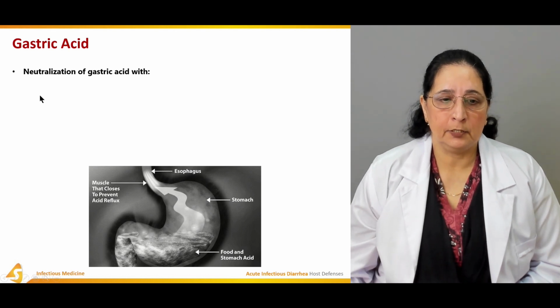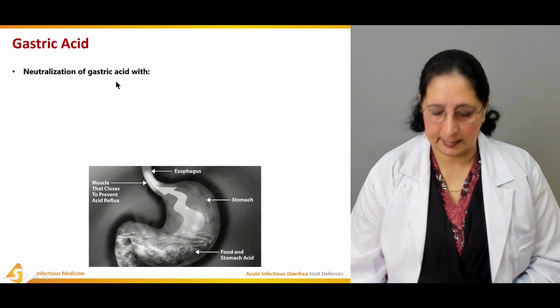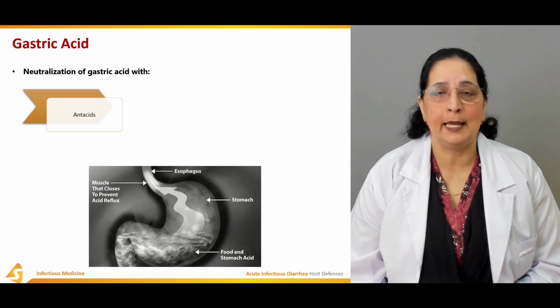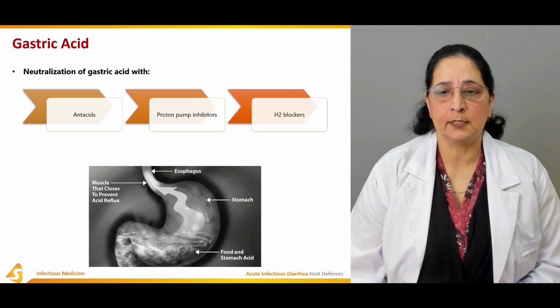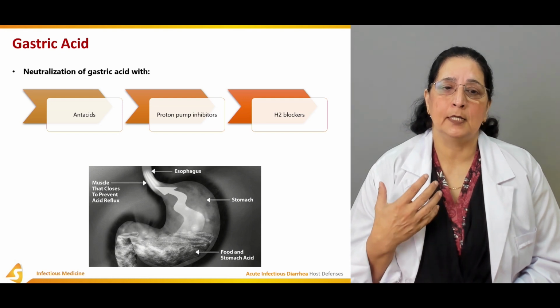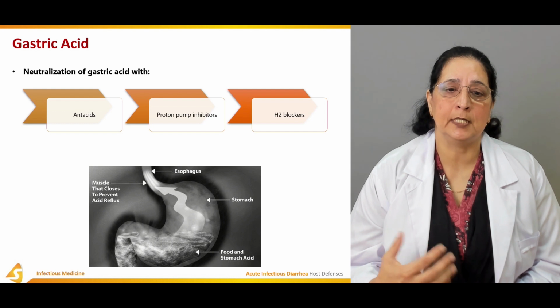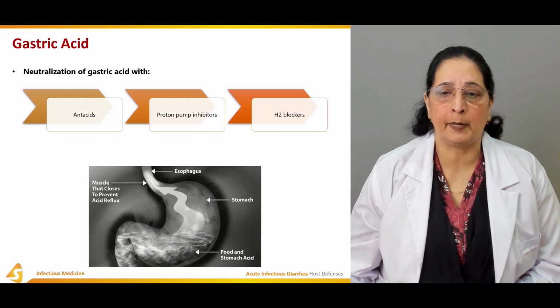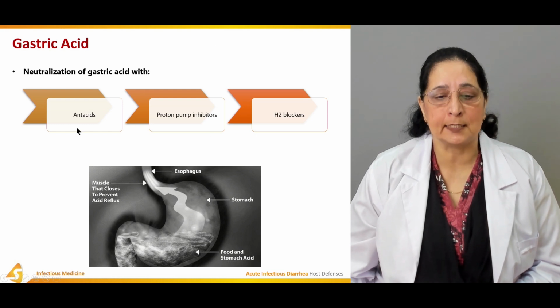Gastric acid neutralization occurs with antacids, proton pump inhibitors, and H2 blockers. So if there is increased gastric acid secretion, it is neutralized by these common drugs that neutralize the acid.